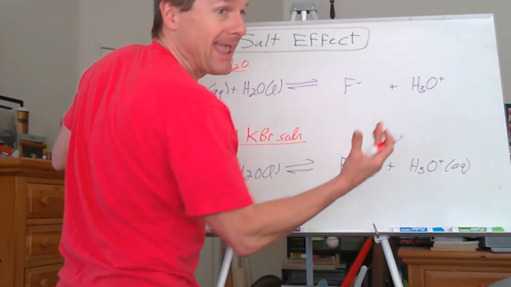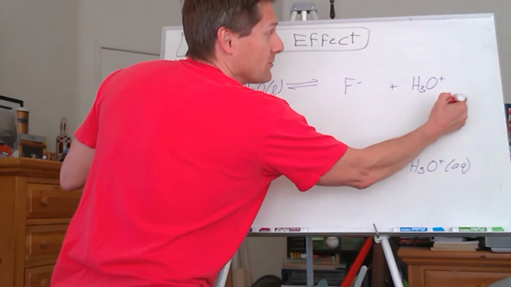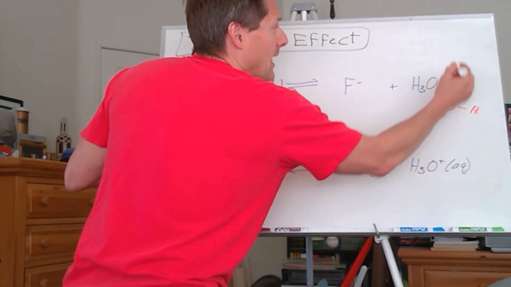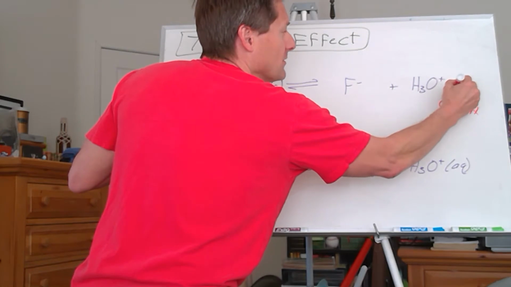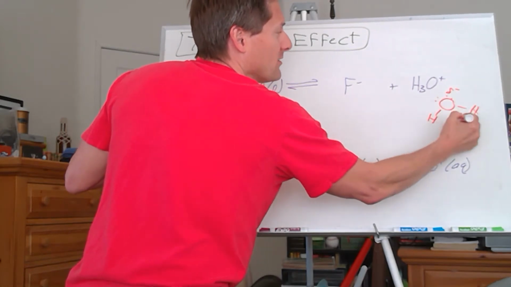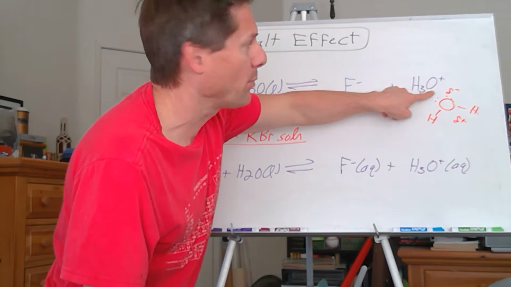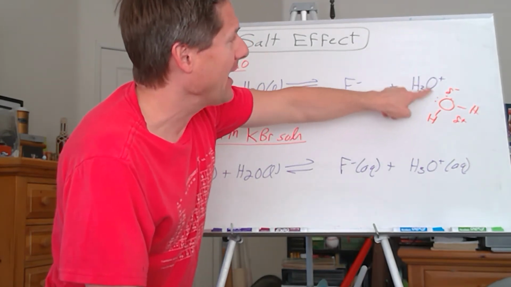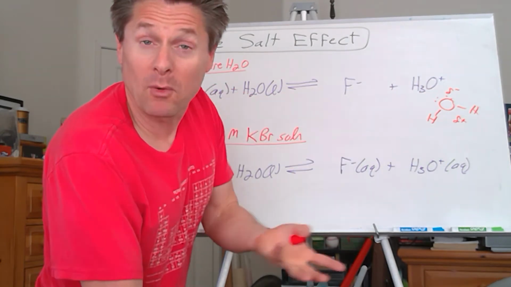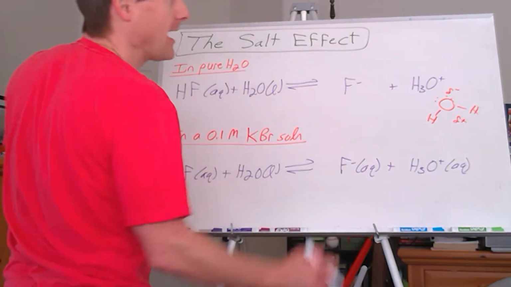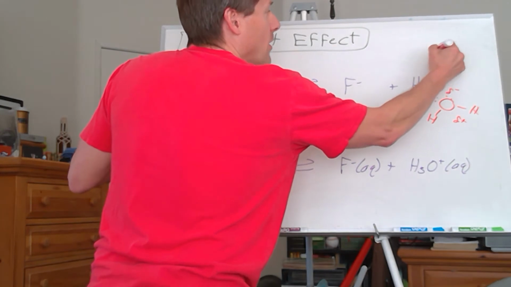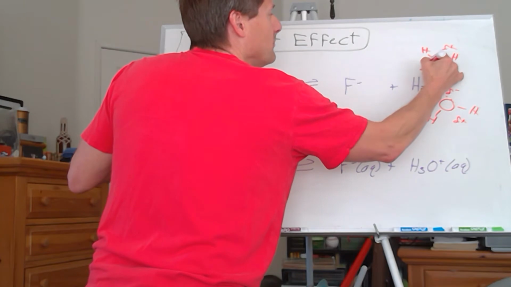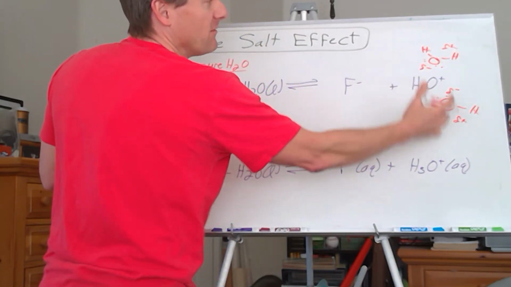So the AQ means these ions are surrounded by water molecules that have these partial charges. If I put those lone pairs there, water has a partial negative and a partial positive, so you get this kind of ion-dipole attraction. Remember, we talked about intermolecular forces in an earlier chapter. Water molecules are going to surround this species in a fashion like that.